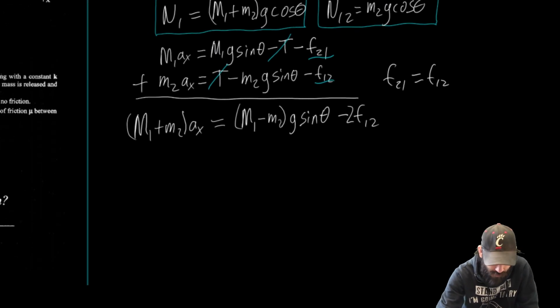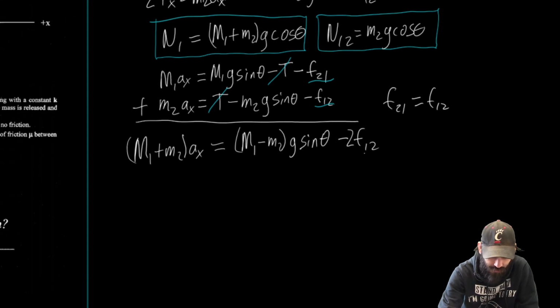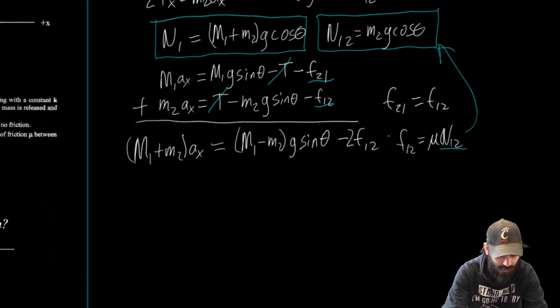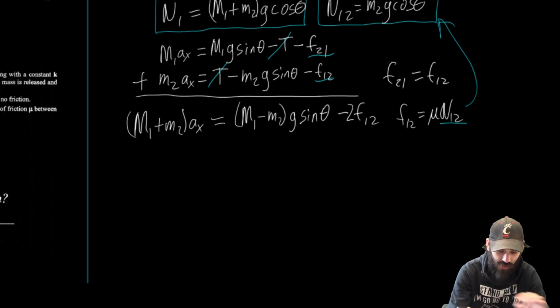And so in order to get this fully parameterized, what we need to do is replace F12 with mu times N12. But we know what N12 is. We found it here already. So that's that. And so I'm just going to do a little bit of algebra in one step here, just to save a little bit of time.